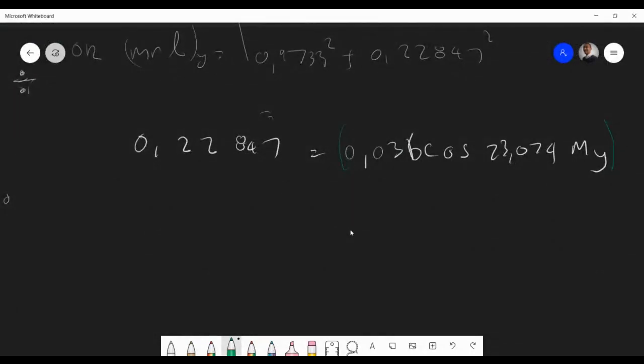Anyway, now we can just simplify MY, and MY will be 0.2284. You could have also taken the tan of this and stuff. You'll see in the thing, 0.036 times cos of 23.074. If you get that, what's the mass?